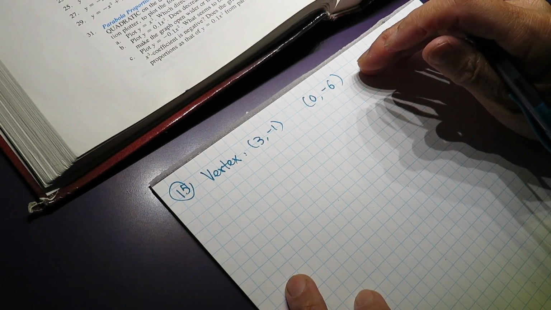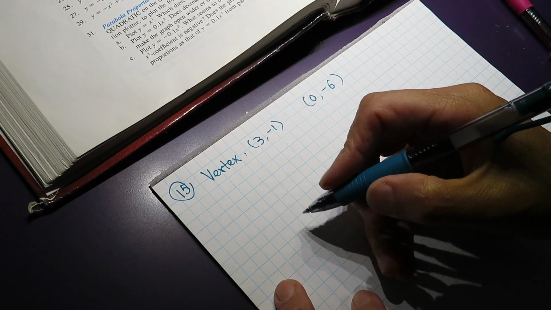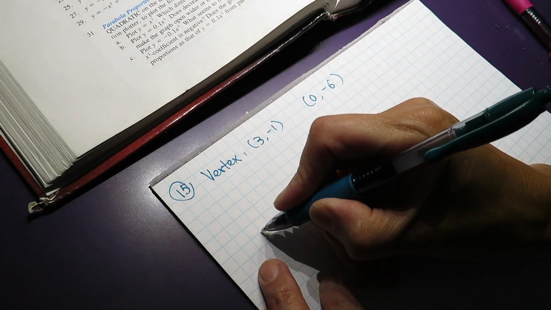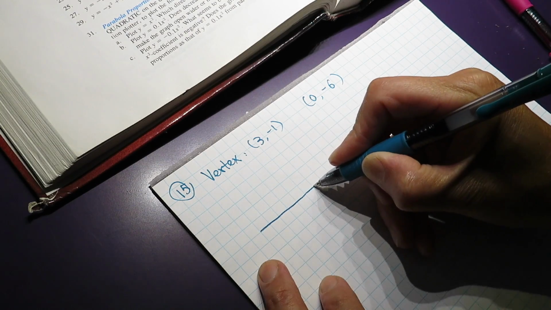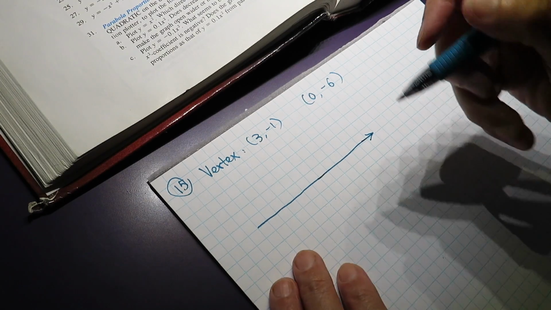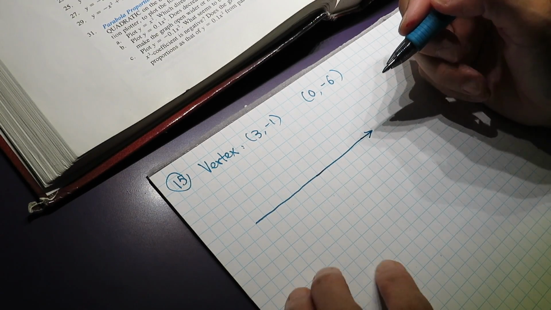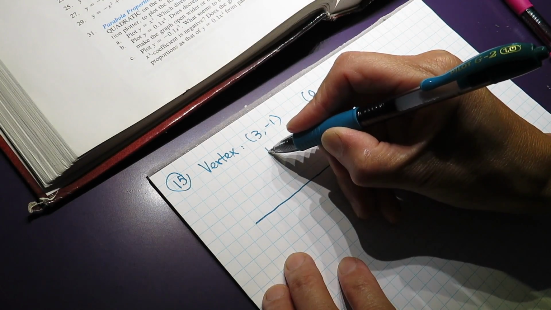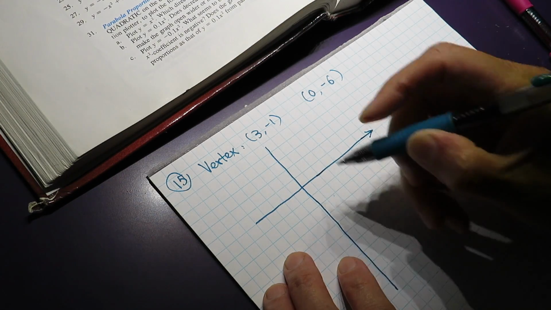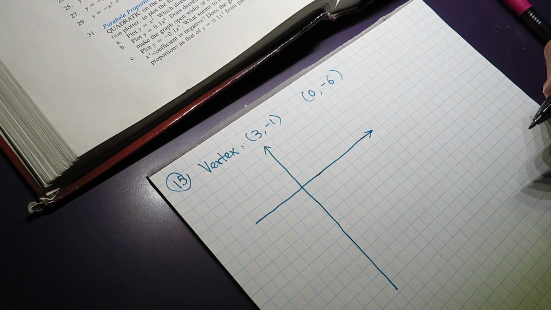So draw y equals negative 6. You see there are a lot of negative numbers, so the graph has more room on the bottom part. You kind of make your graph work for you, right?